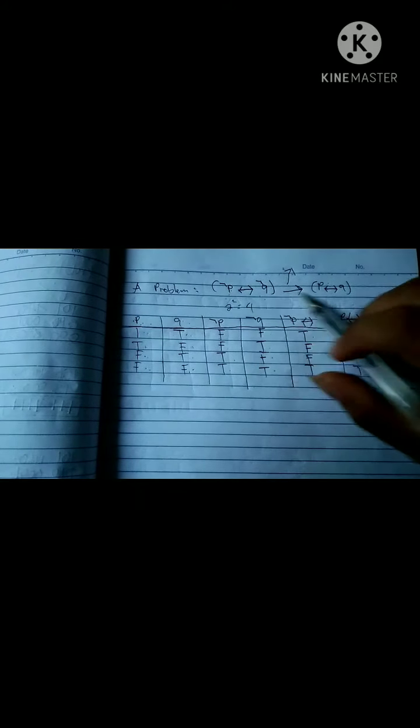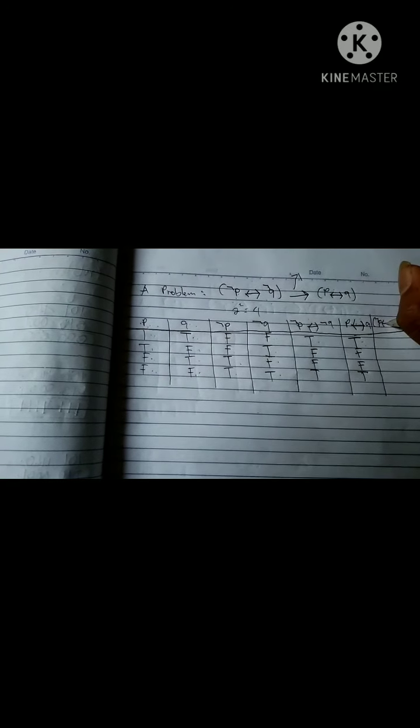First we put negated P biconditional negated Q implies P and Q. Since they are the same value, we will put true.